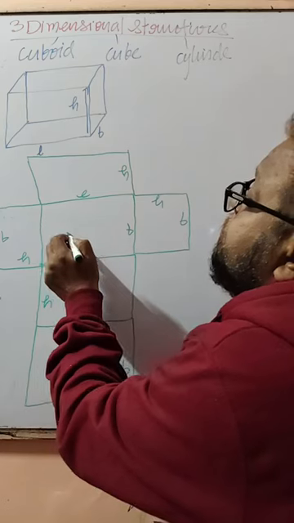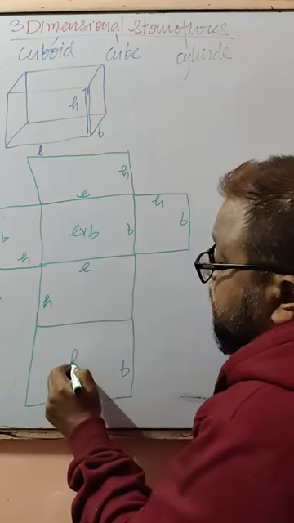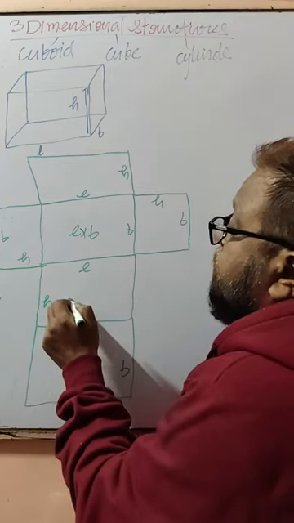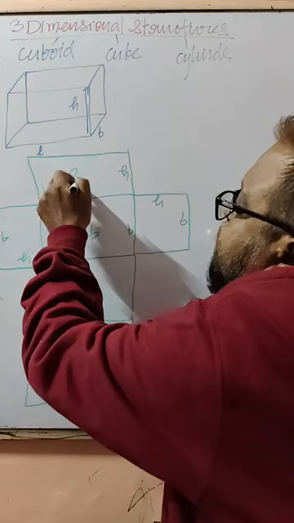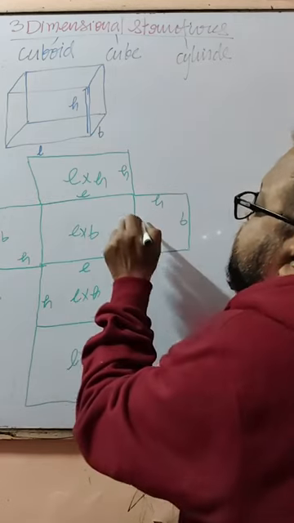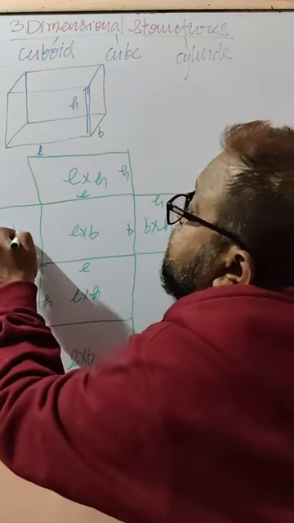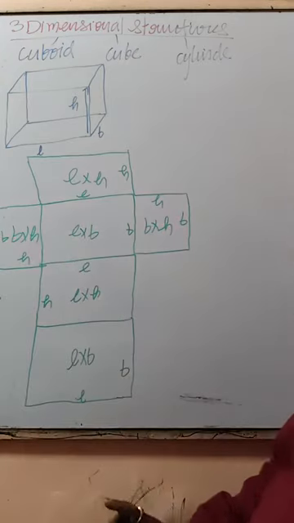So this is L into B. This is L into B. This is L into H. This is L into H. It is B into H, or it is B into H. ये हो गया पूरा, ठीक?